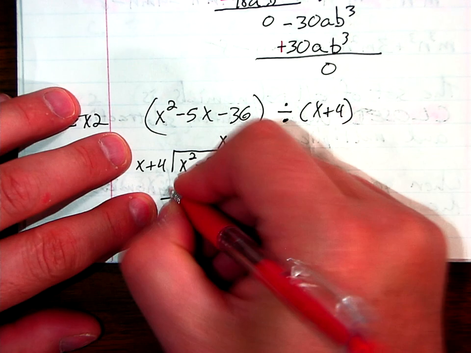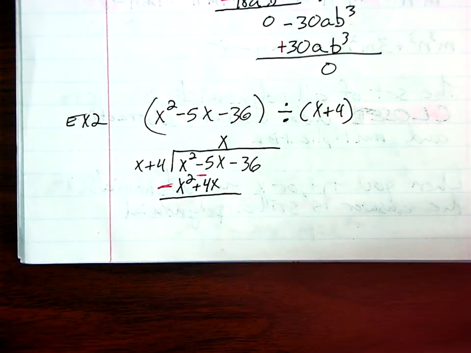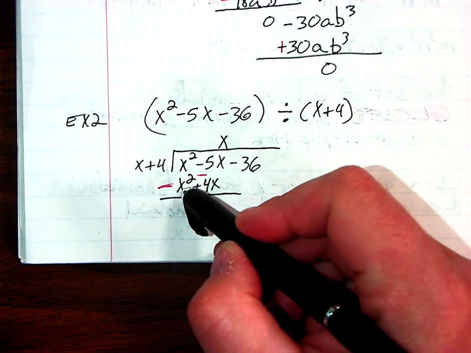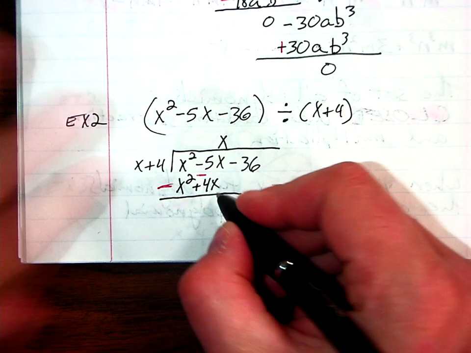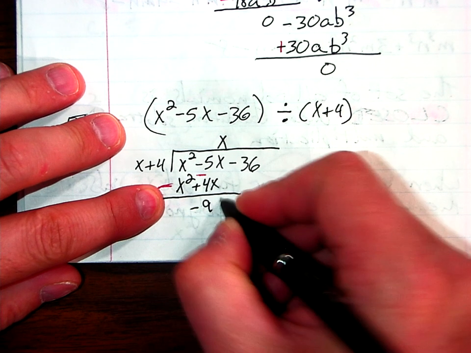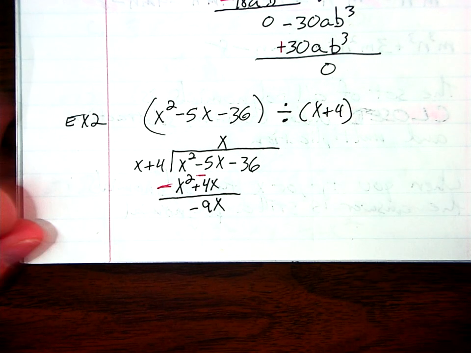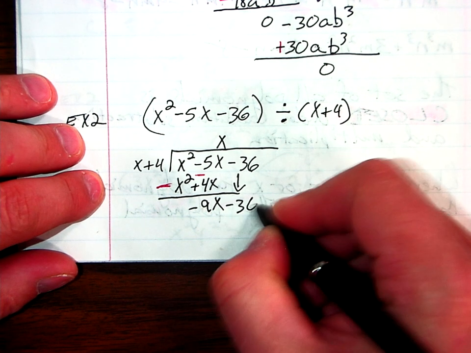All of them. So this is going to be minus and this is going to be minus. x squared minus x squared is 0. Negative 5x minus 4x is negative 9x. Bring down the negative 36.